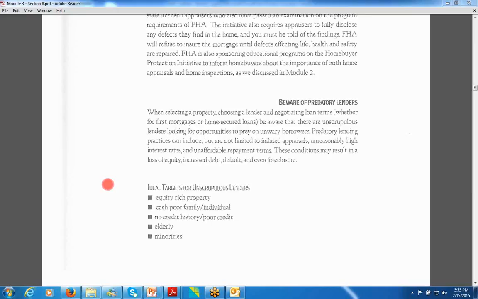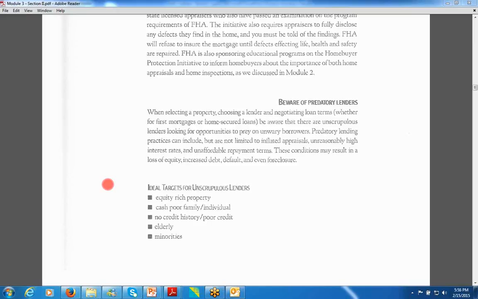Elderly, target for lots of scams, and minorities. It's just a fact that in this country, minorities, and we're not just talking about history, we're talking about in the prior decade, it's just a matter of fact that minorities did not get the best mortgages. Minorities got more high-rate mortgages with the same credit, with the same income.